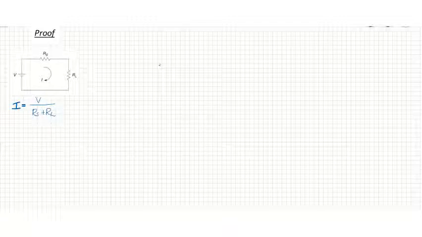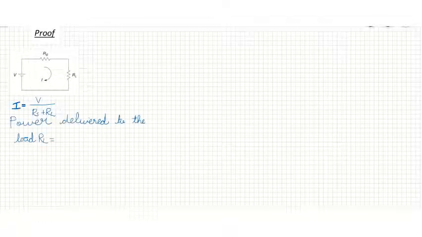And power delivered to the load resistor RL is equal to I square into R. Power is equal to I square into R. This is our load, and power delivered to this load is I square into R.